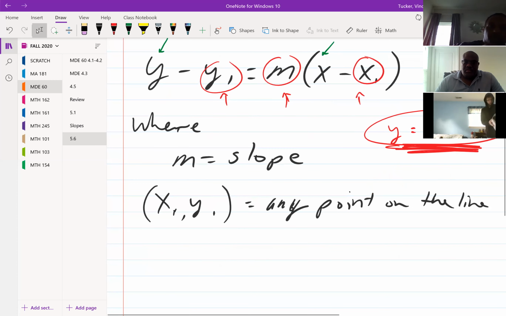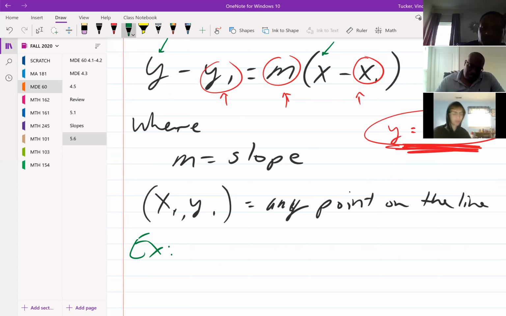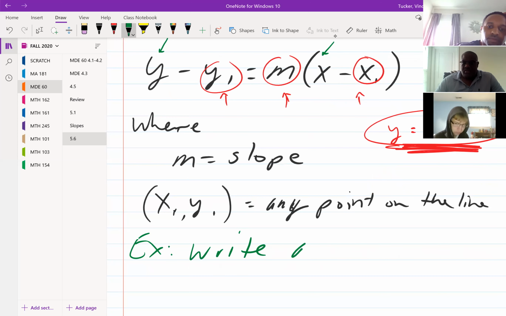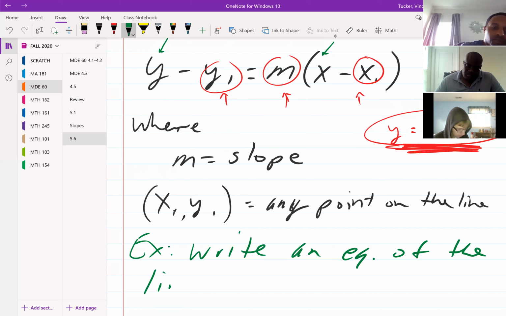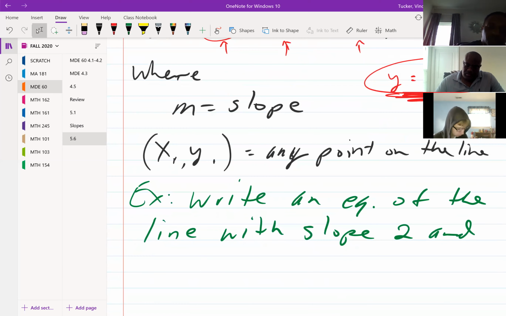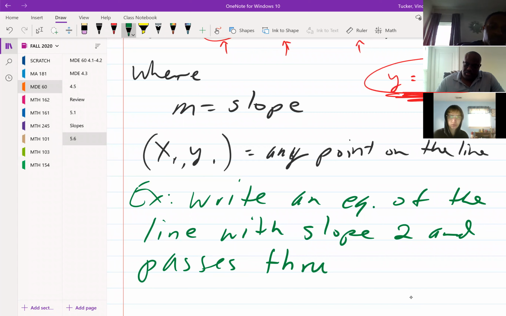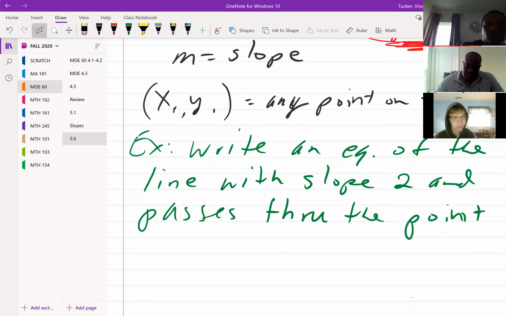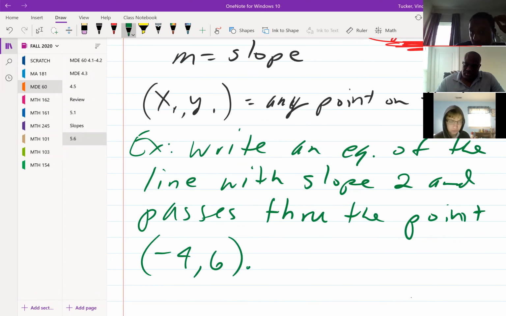All right, so let's look at an example. Write the equation of the line with the slope 2 that passes through the point negative 4, 6.